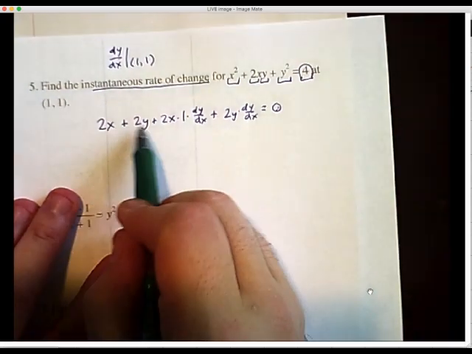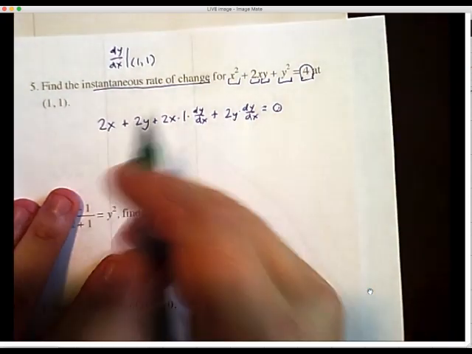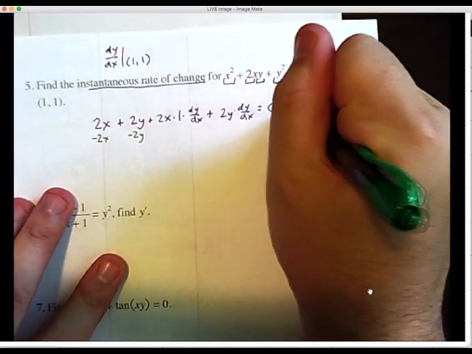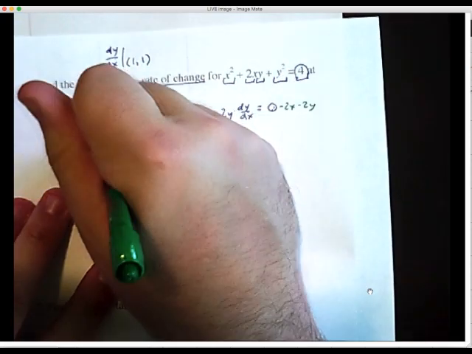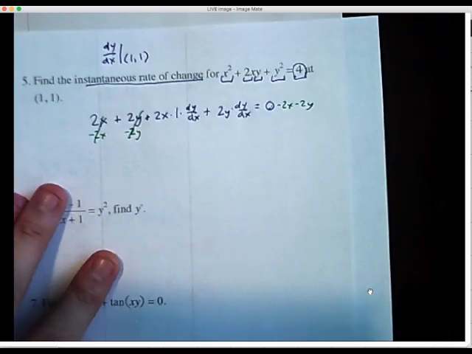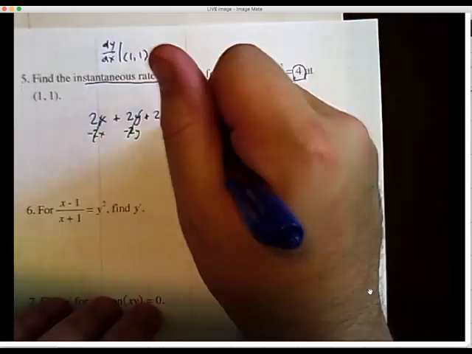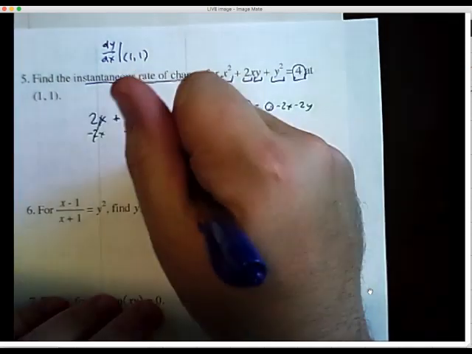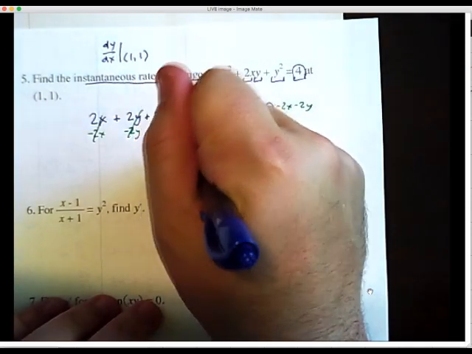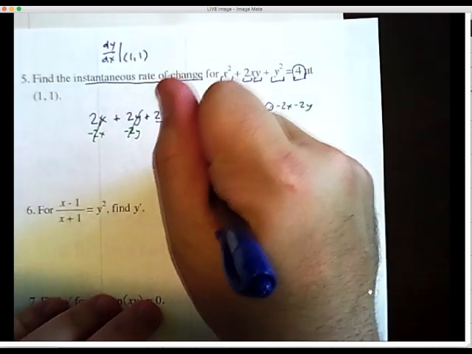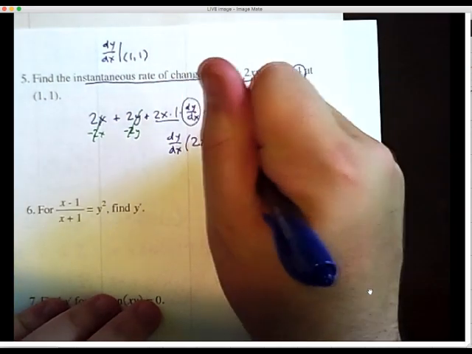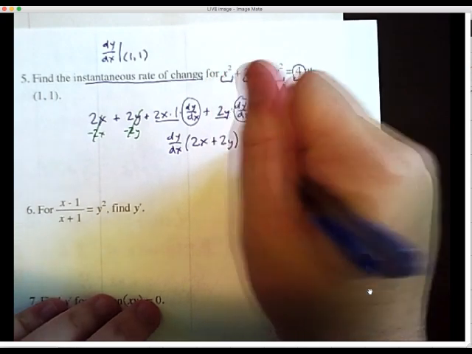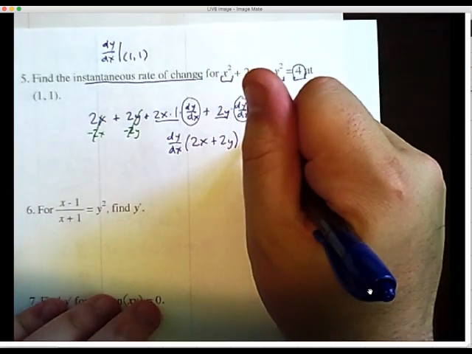Okay, let's get rid of these two terms and move them to the other side. So let's subtract 2x and subtract 2y from both sides to get those to cancel out. Let's factor out the dy/dx. If I factor that out, this thing would be 2x plus 2y. Subtract these.